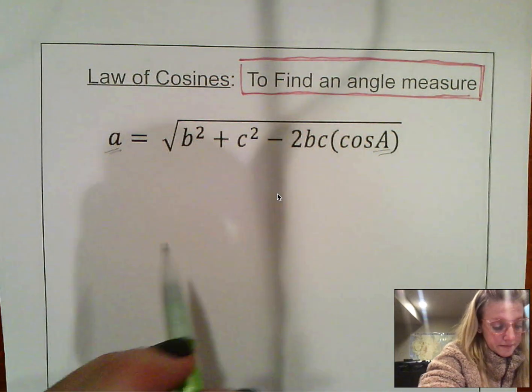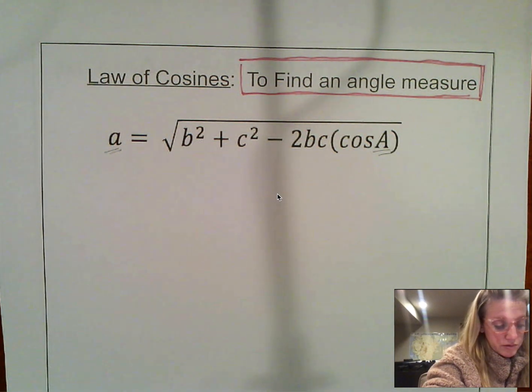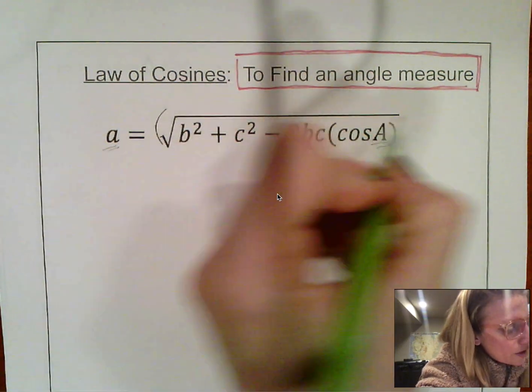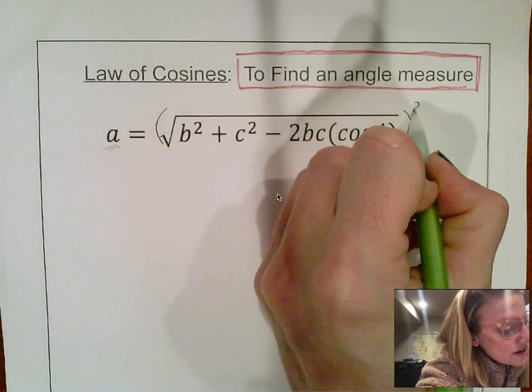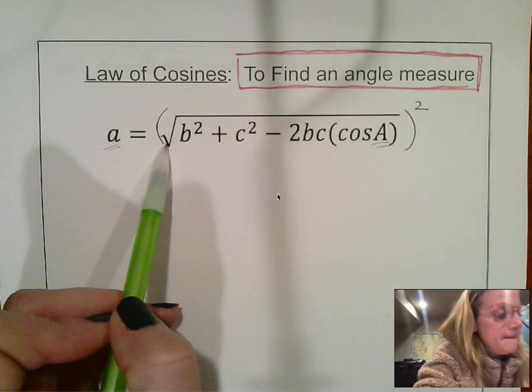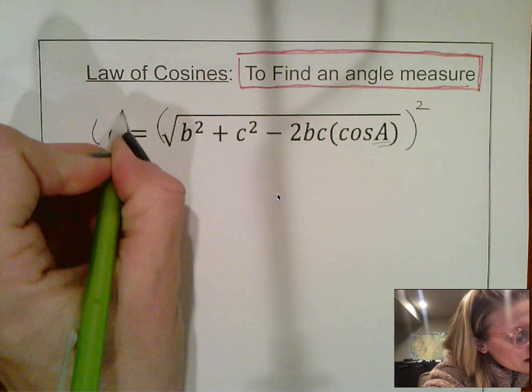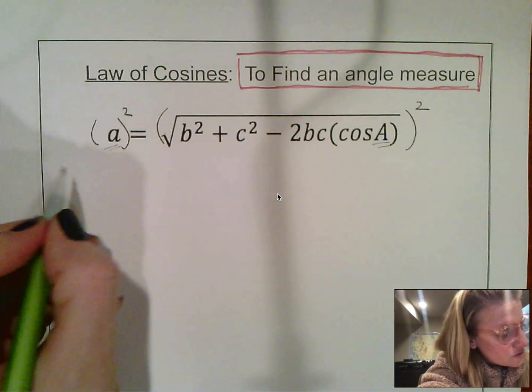All right. If you want to see now, how will we solve for A? Well, first things first, I want to get rid of this square root. So if I square the entire right side, the root and the exponent of 2 will cancel, but I have to balance my equation. What I do to one side, I have to do to the other.